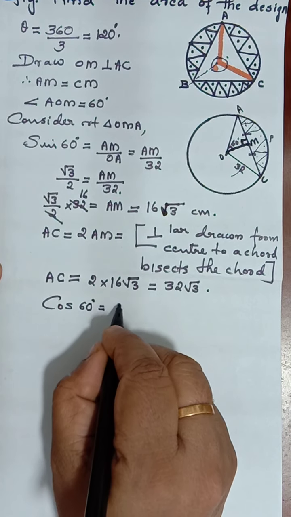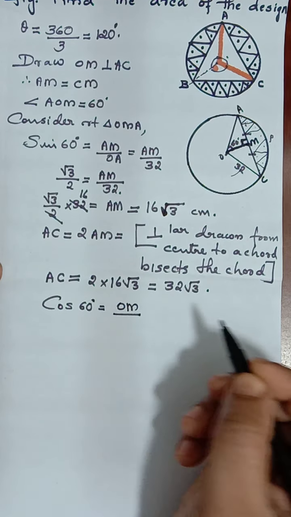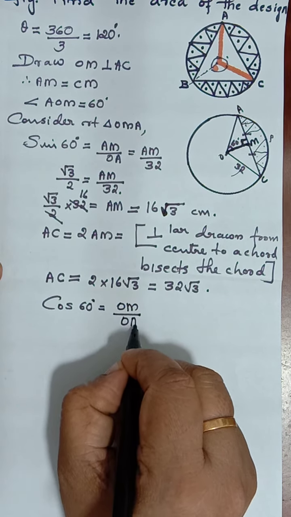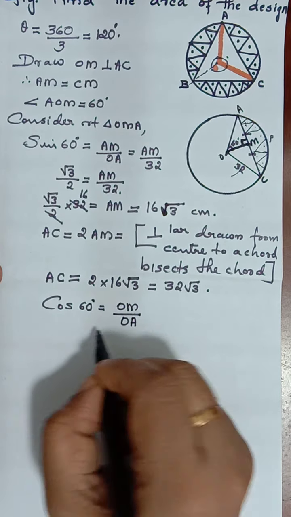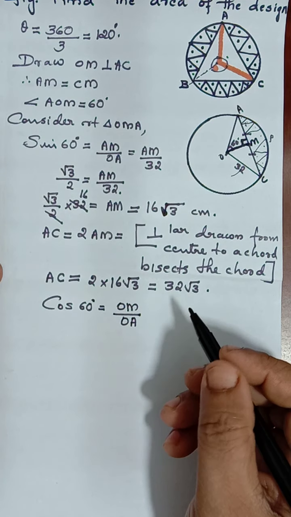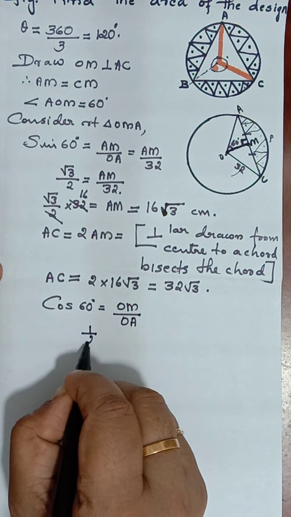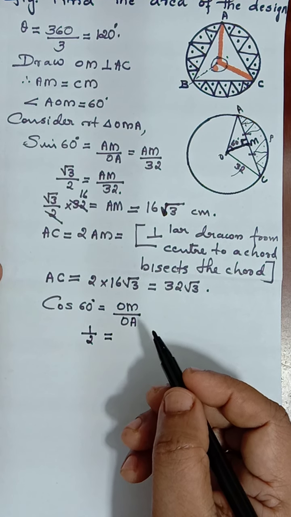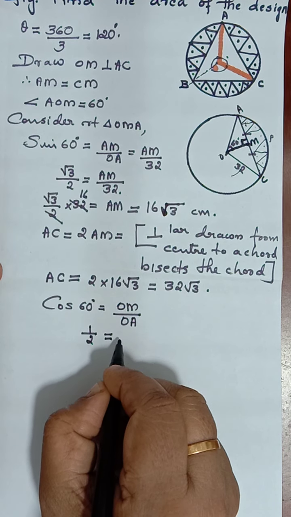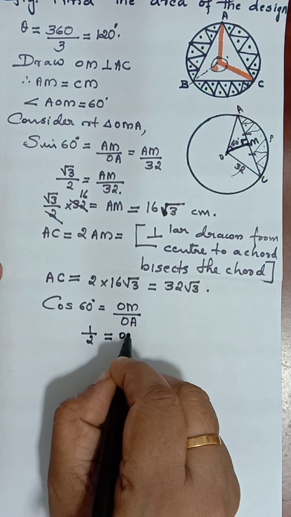So cos 60 is adjacent side OM by hypotenuse OA. What is cos 60 value? Isn't it 1 by 2?